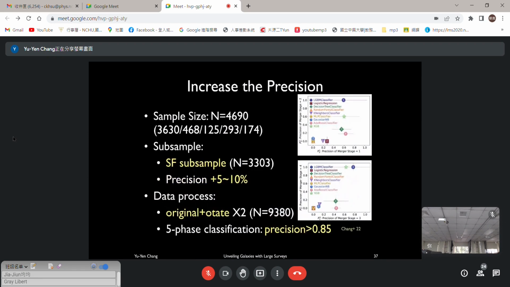Therefore, we can rotate the images. Here I rotate one image by 90 degrees, and then we can increase the sample size. We have to make sure whether this can be done in different cases.